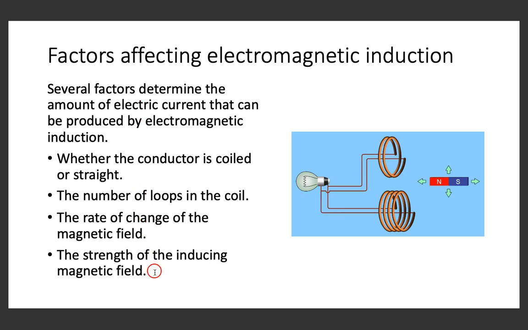Okay, and then the strength of the inducing magnetic field matters as well. So if you have a really strong magnetic field that's changing quickly versus a weak magnetic field that's changing quickly, the stronger magnetic field is going to induce more of a current in the wire. Okay, so these are all different factors that affect electromagnetic induction.